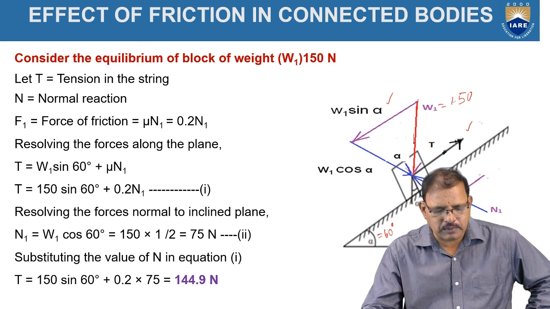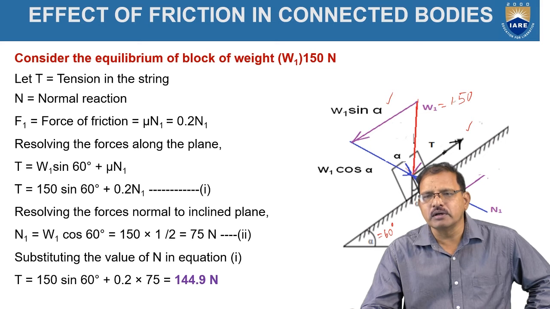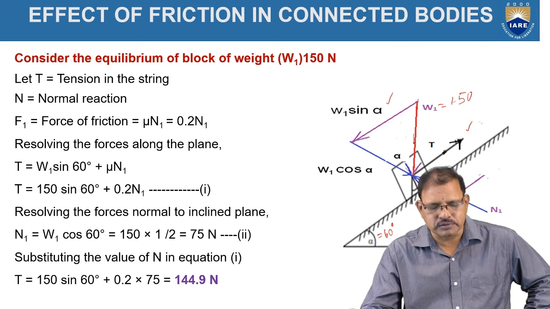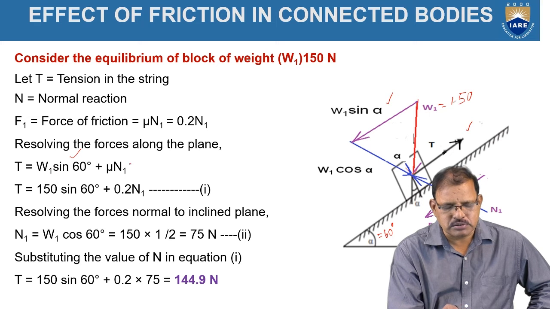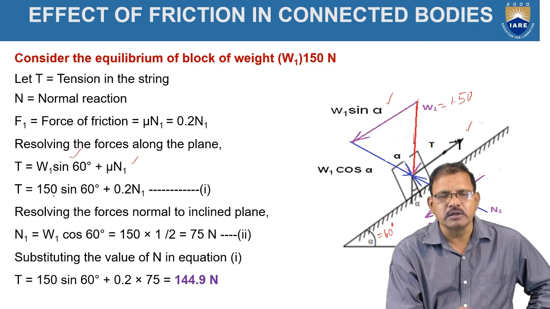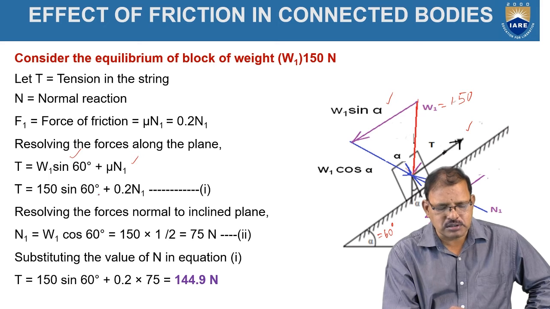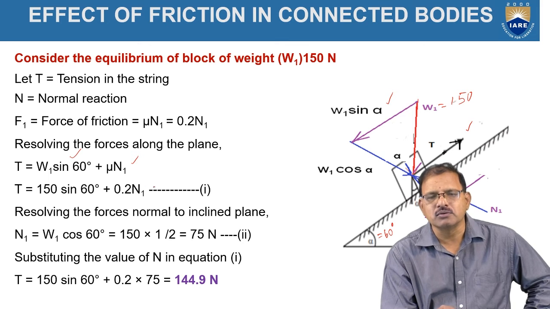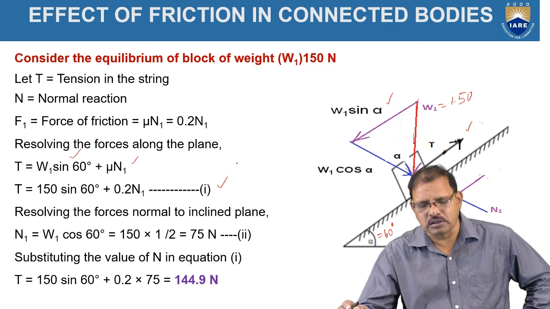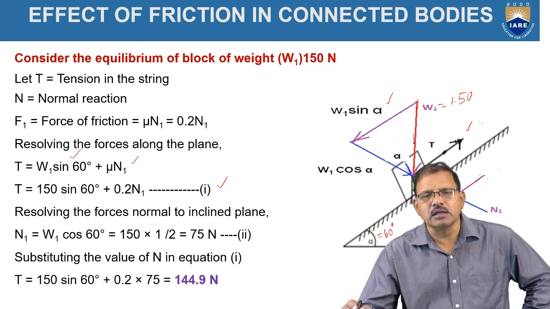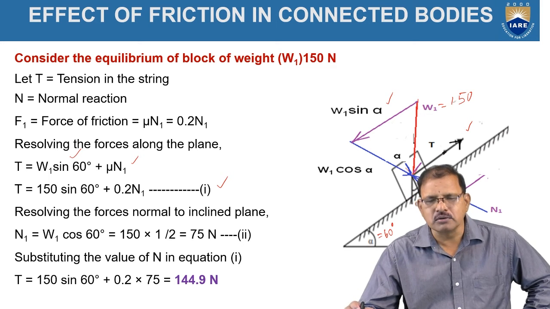So, when you are taking along the plane, T is acting to the right side, F1 is acting to the left side, W1 sin alpha is acting to the left side, hence T is equal to W1 sin 60 degrees plus mu1 N1, where W1 is 150 Newtons, so T is 150 sin 60 plus 0.2 N1, which is shown in the figure as equation 1.